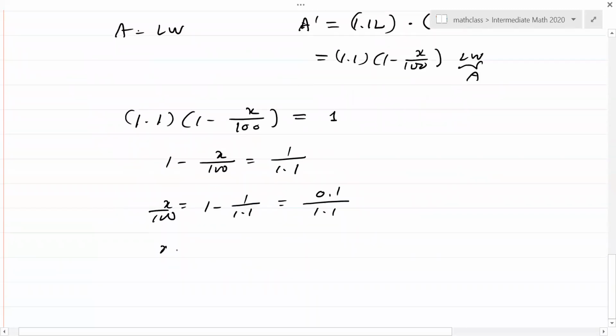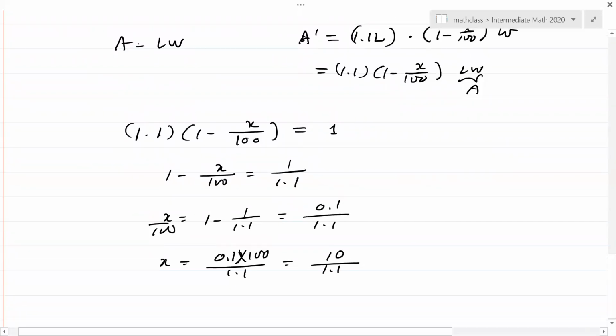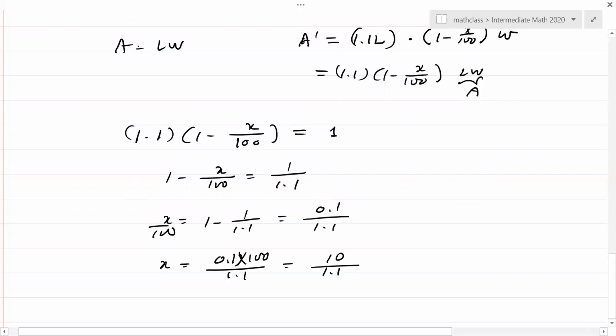Then I'm going to multiply both sides by 100. My answer here is 10 over 1.1. So X, what percent? More than 10 or less than 10%? Less than 10%, almost 10%.